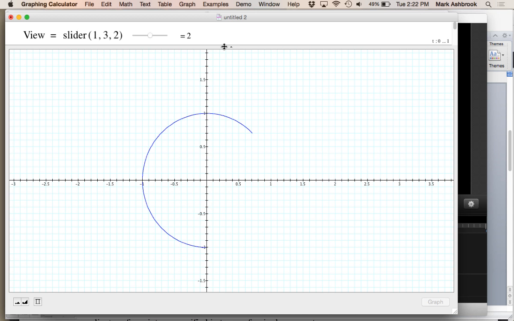Someone at your table remembers. Remember, it could be applied to anything. That was the whole point of that. Values, points, functions.